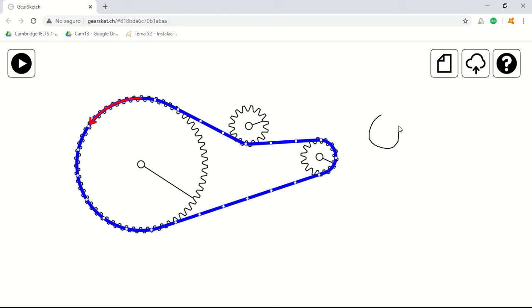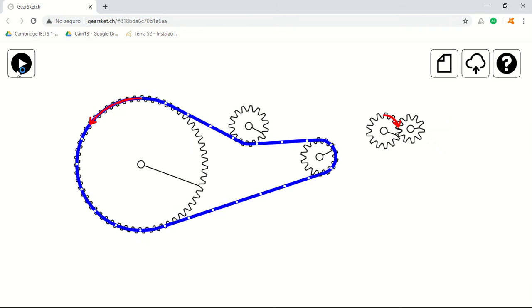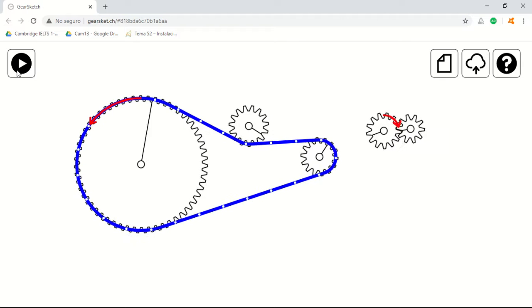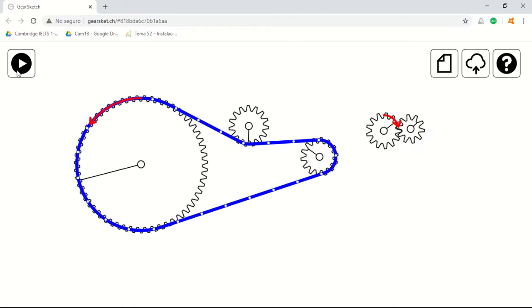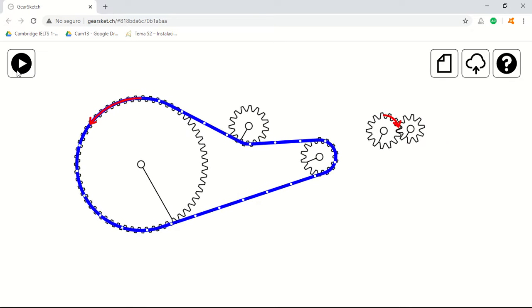And also in gears, it's like in the friction wheels, where one turns to one side and the other to the opposite side. Okay?